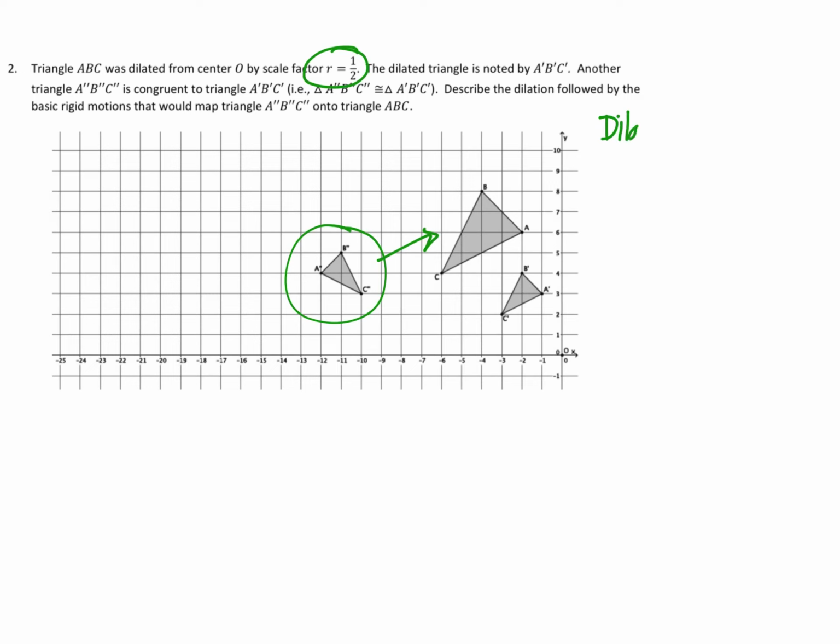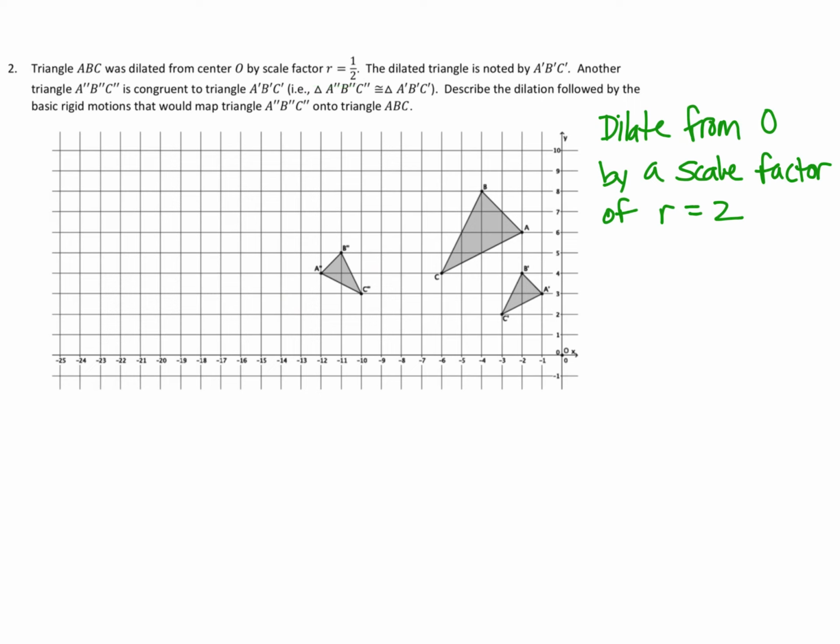So dilate from O, the origin, by a scale factor of r equals 2. 2 over 1 instead of 1 over 2. This is going to double our points. So I have -10, 3. If I'm doubling my points, I end up at -20, 6.